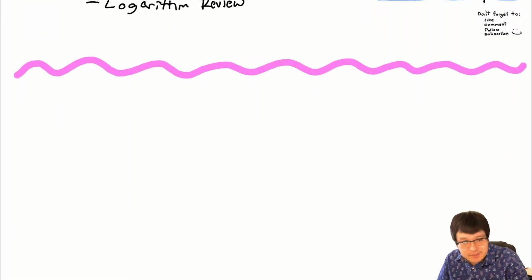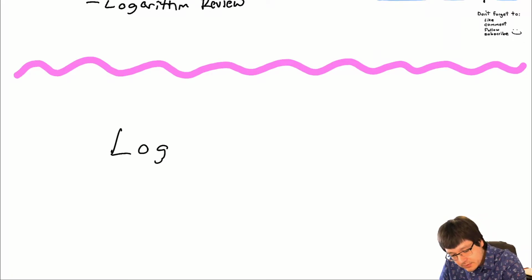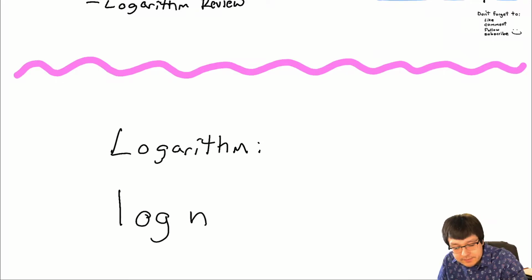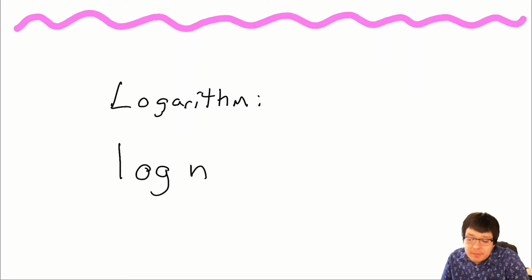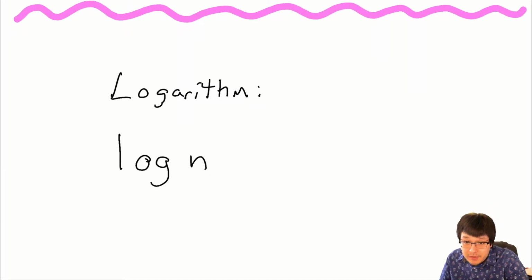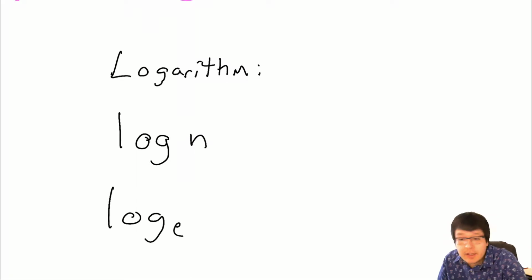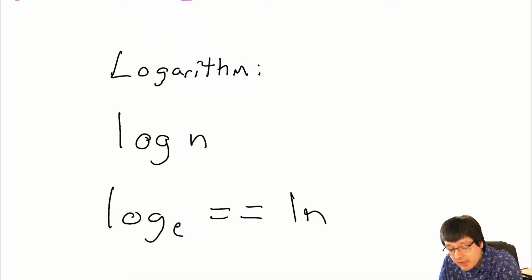Good. So when we talk about logarithms, if I put something here that says log of n and you ask a math person what this means, they're probably referring to log base e, which is typically represented as the natural log.